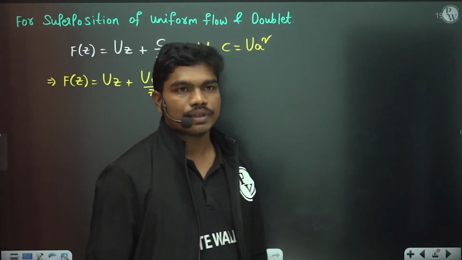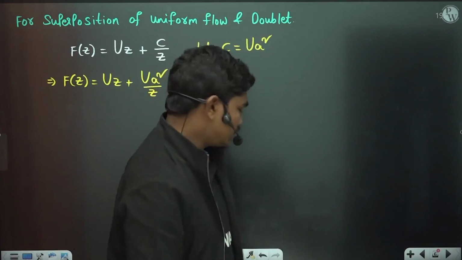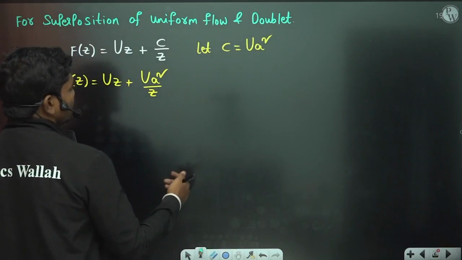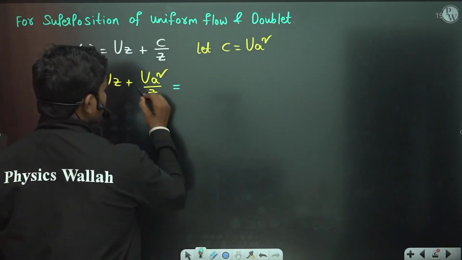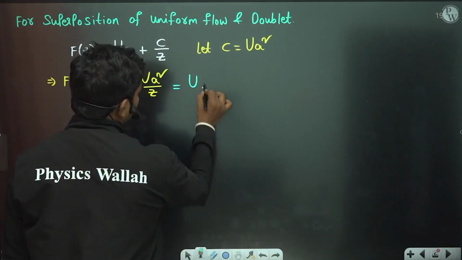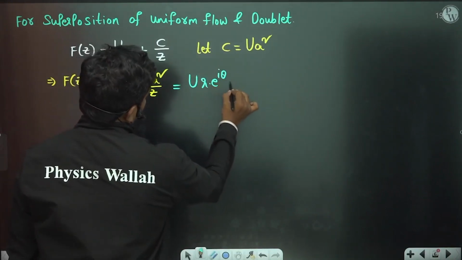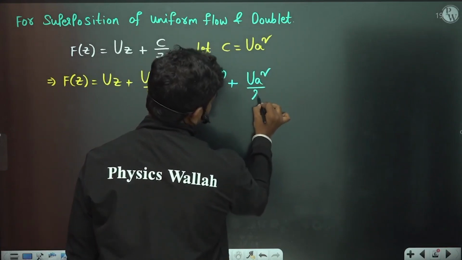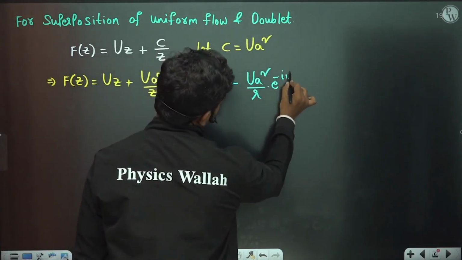Okay, now if you want velocities in this case, then F dash of Z is equal to, or first of all, if you want the stream function and the velocity potential, we have U into R e power i theta plus U A square by Z, and this gives U A square by R into e power minus i theta, correct?